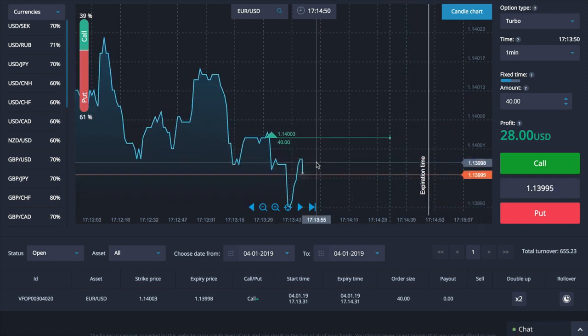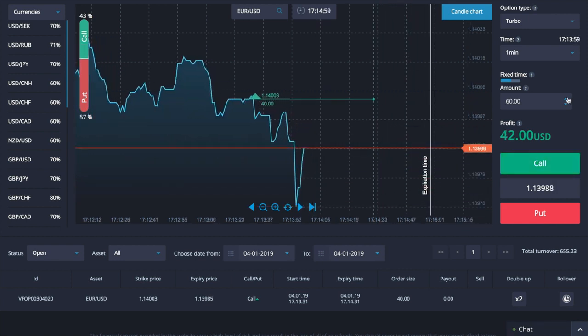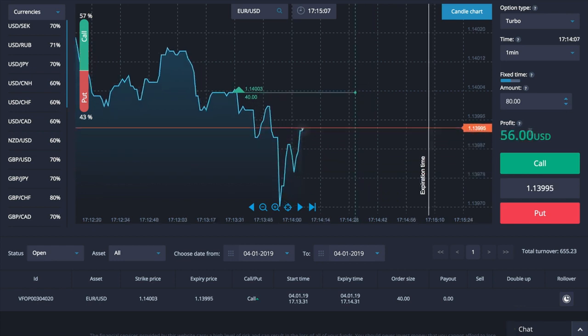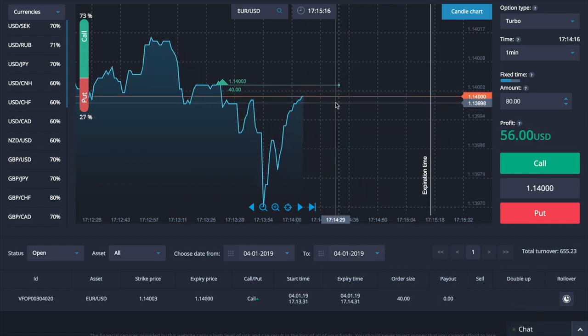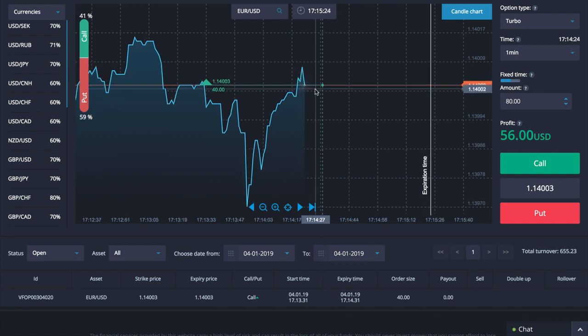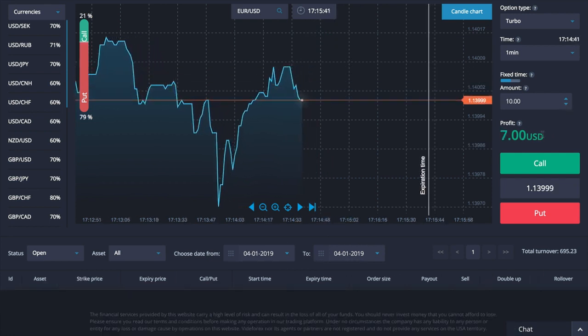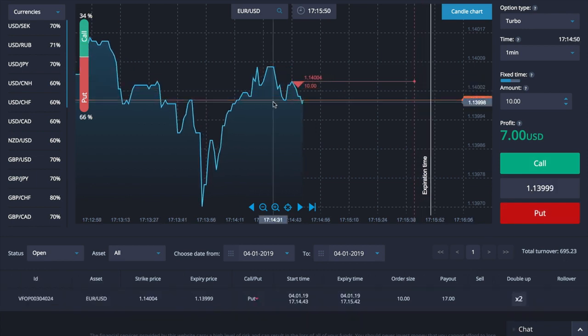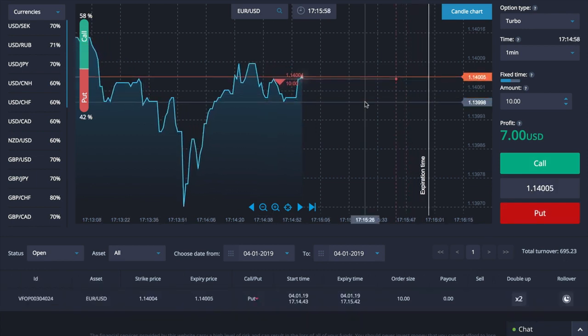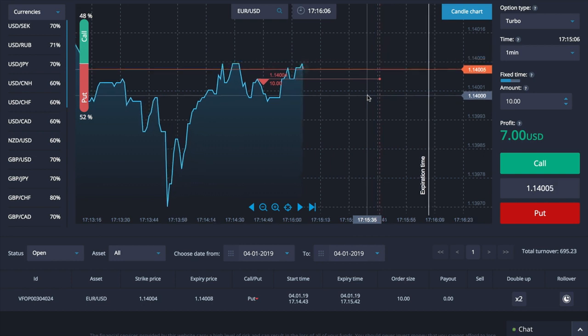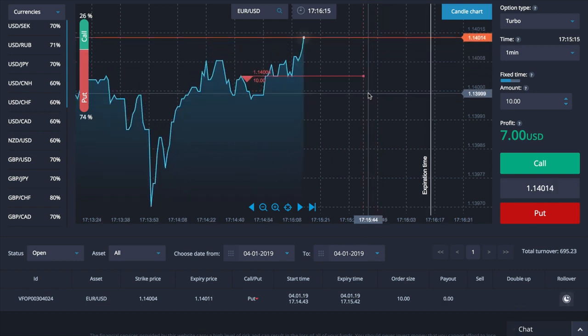And now we are immediately placing a call. If this one comes out correctly, this will recover the previous 2 losses. So we're waiting. Is it going to be a win? And yes, it was a win with that $40 trade, which recovered the previous 2 losses and still gave me a profit on top.